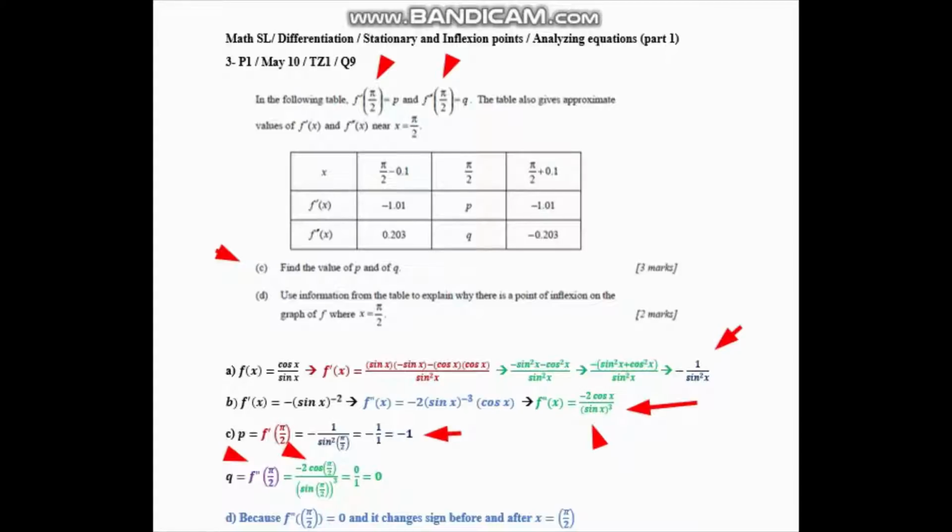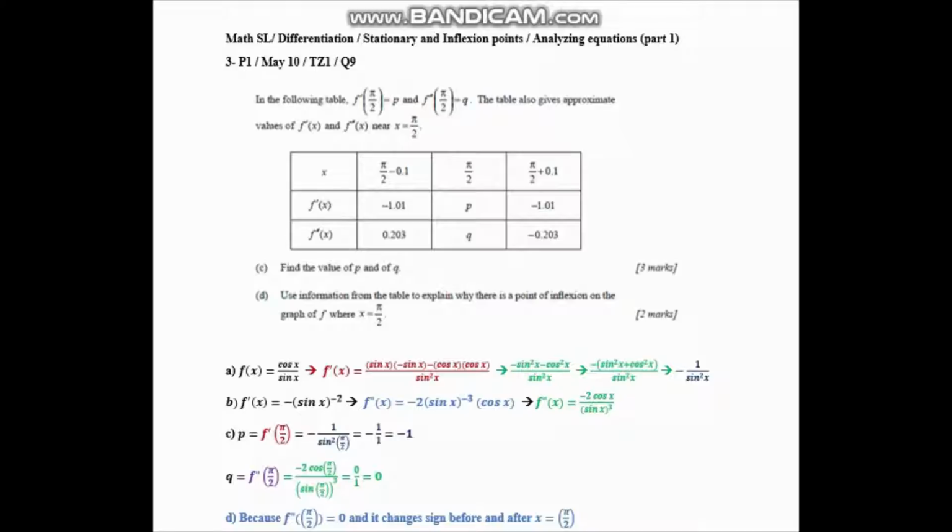Now cosine pi over 2 is 0, sine pi over 2 is 1, so you get 0 over 1, which is 0. So if f double dash is 0, I suspect that there might be an inflection point. But in order to confirm, I need to see whether f double dash changes sign before and after pi over 2 or not. And this is apparent in the table.